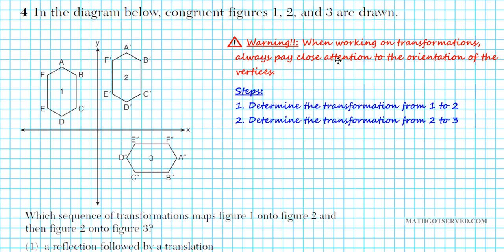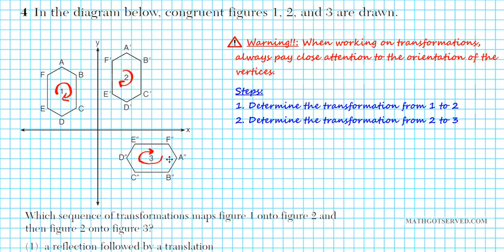is that whenever you're working on transformations, always pay close attention to the orientation of the vertices. Okay, so if you look at the figures, we have A, B, C, D, E, F in a clockwise orientation. In figure 2, A, B, C, D, E, F in a clockwise orientation. And then figure 3, A, B, C, D, E, F in a clockwise orientation.